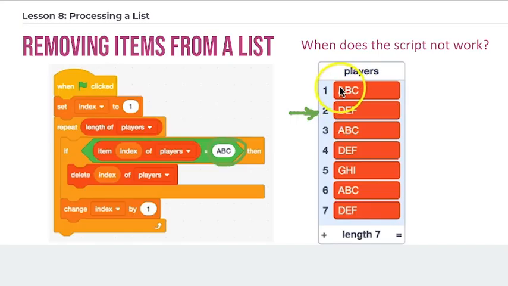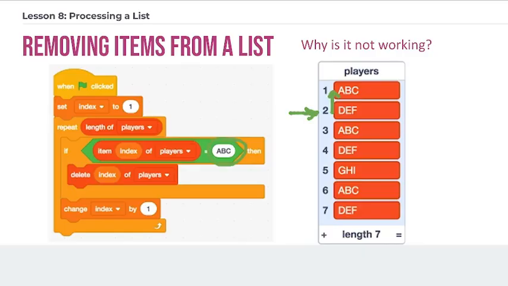So when item 1 was removed, we saw that this shifted up, became the new item 1, but the index variable had already incremented, and so it was missed, all right? So that's a situation where this script does not work, and that's why. Because the values of the index shift up 1 every time an item is removed, all right?